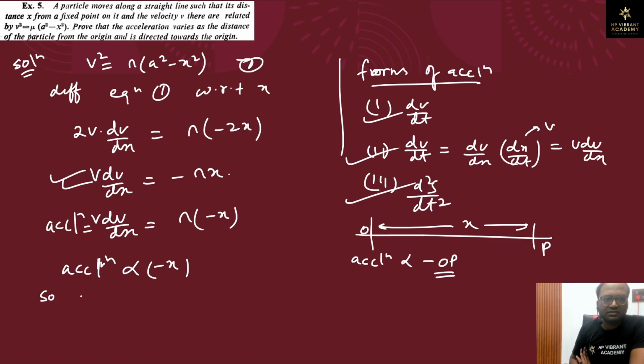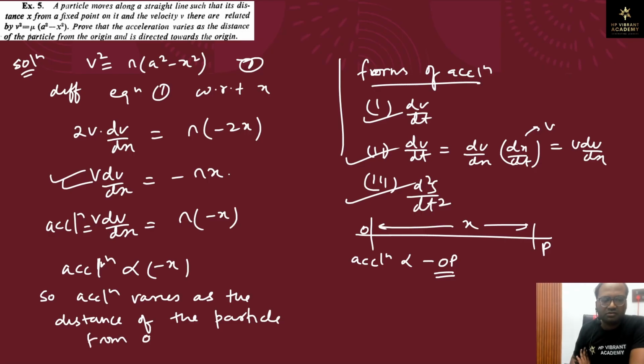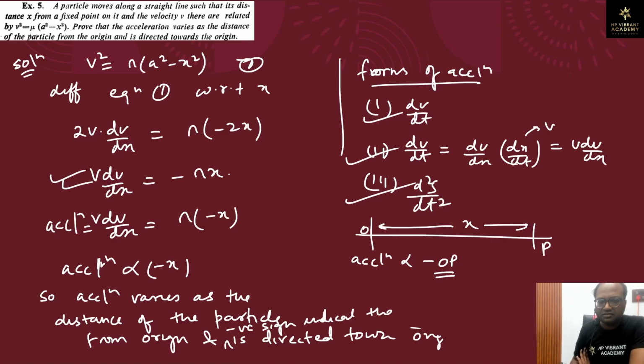So we can say that acceleration varies as the distance of the particle from origin and is directed towards origin, because it varies as the distance of particle from origin. And the negative sign indicates that acceleration is directed towards origin.